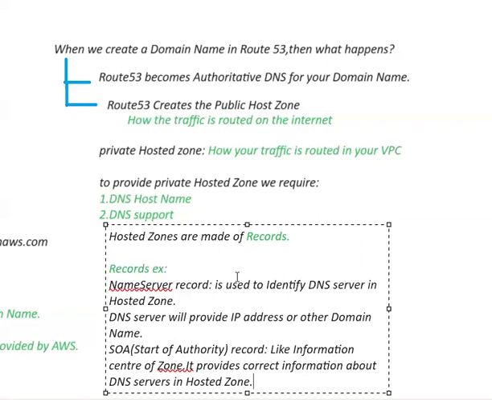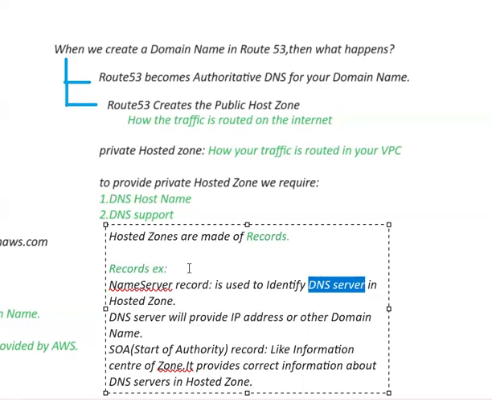So these are the two important records that you need to remember. What are they? Name server record and SOA record. What is the name server record? It is used to identify the DNS servers in your hosted zone.